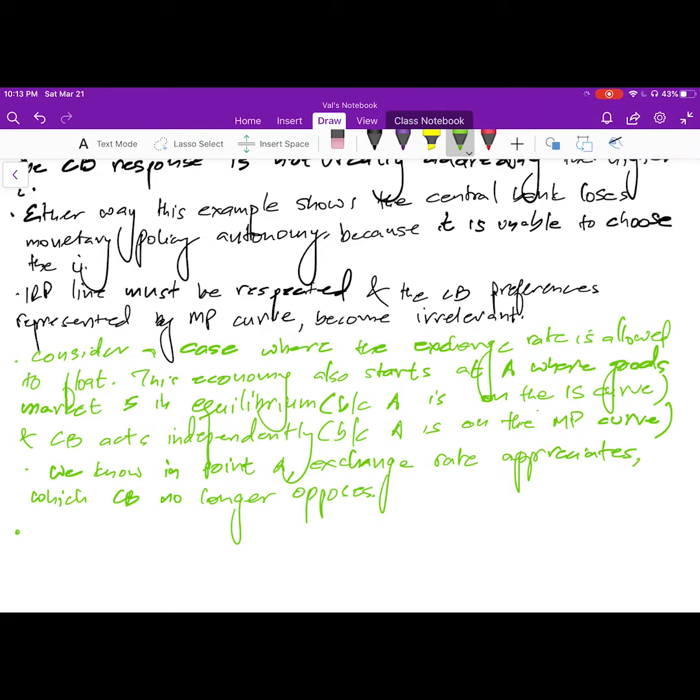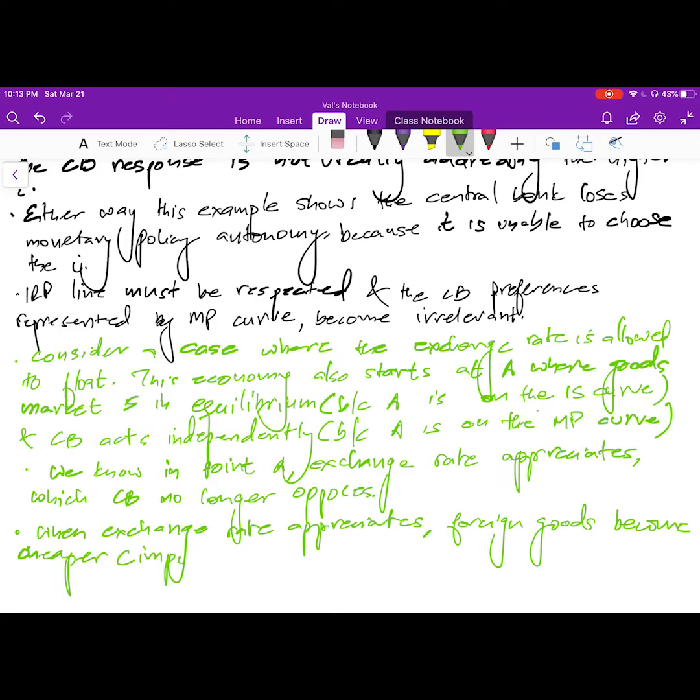But when, as we explained in the prior example, exchange rate appreciates, what happens to imports and exports? When exchange rate appreciates, foreign goods become cheaper, so imports increase.